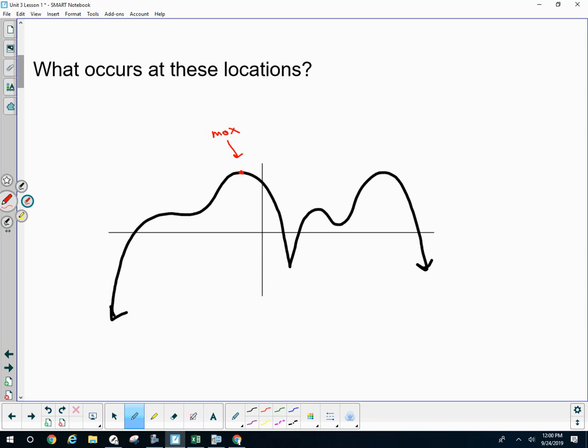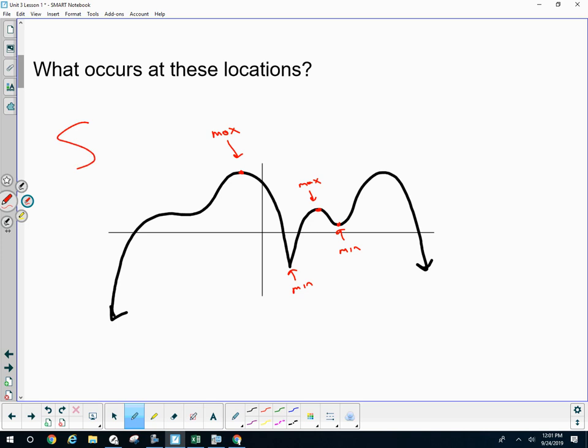I don't care if it's overall the max or locally a max. We'll just say it's a max. This point, that's a min. That's an interesting point on a function. Understanding where we go up, then back down, or down, then back up. This point, max. Is it the overall max? No. It's a local max, but it's a very interesting point. This one right there. Interesting point on a function.